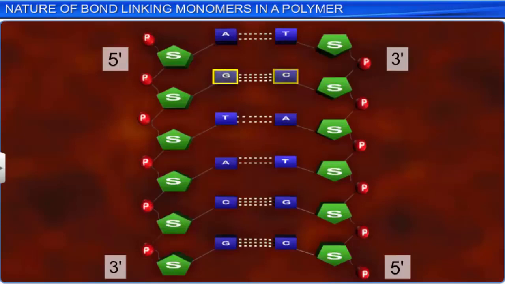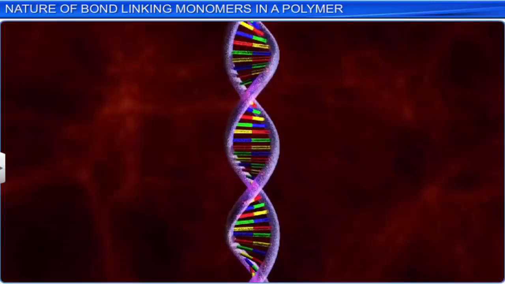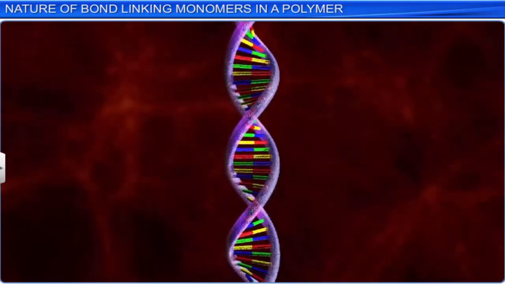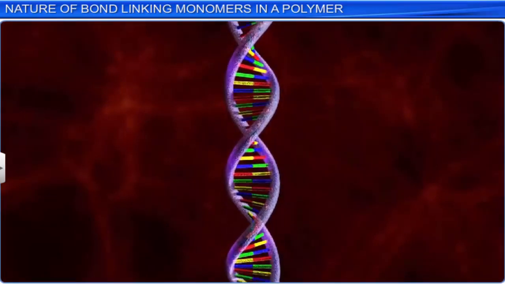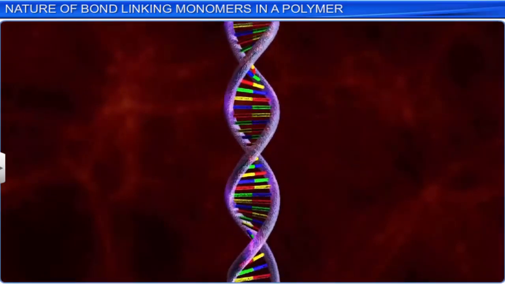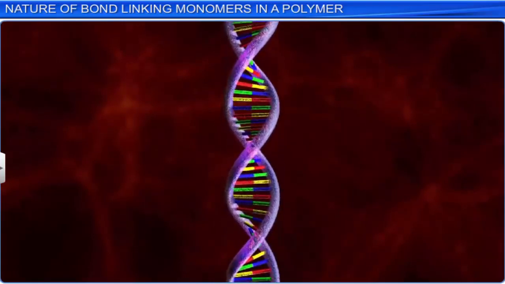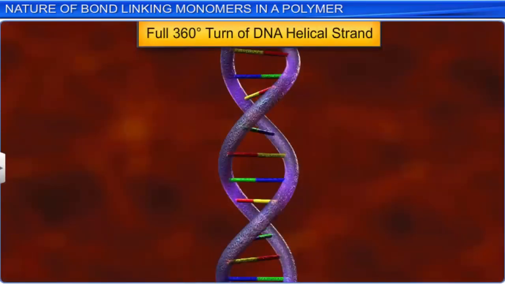Each strand appears like a helical staircase, and every step of ascent is represented by a pair of bases. One full 360-degree turn of the helical strand would involve 10 steps or 10 base pairs. In other words, there are 10 phosphate-sugar groups in every full revolution of the DNA strand.